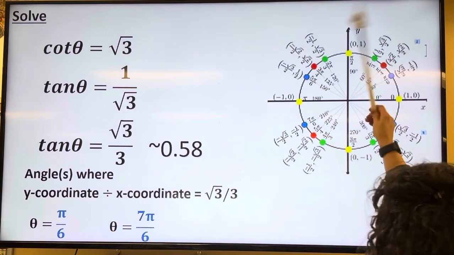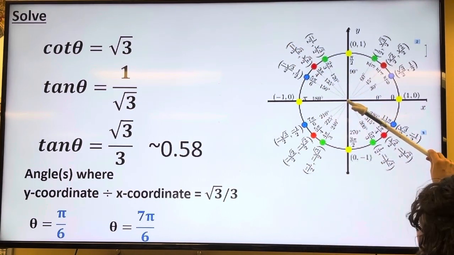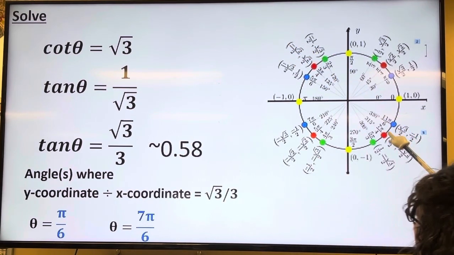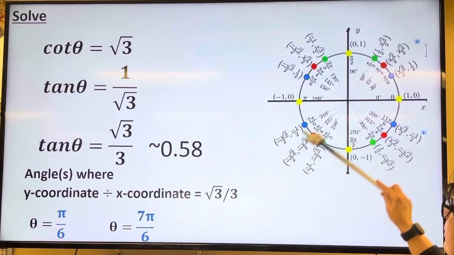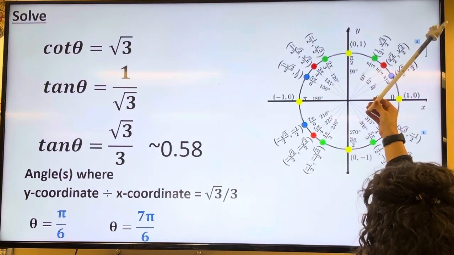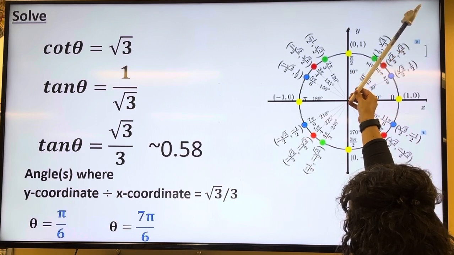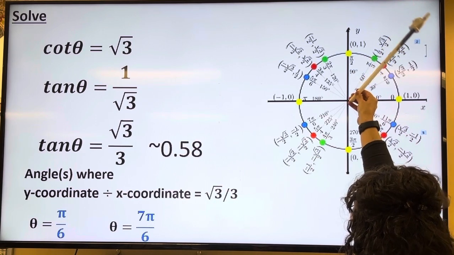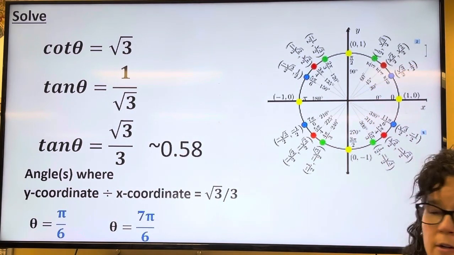Negative slope is here, negative slope is here, so I'd be looking in these two quadrants. If tangent of theta is positive, I'm looking in these two quadrants. If the tangent is equal to 1, I know I'm right in between. A little more than 1, it's going to go up to here. A tangent of theta equal to something a little less than 1 is there.